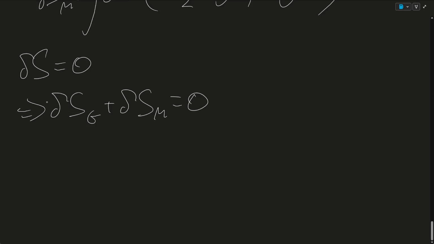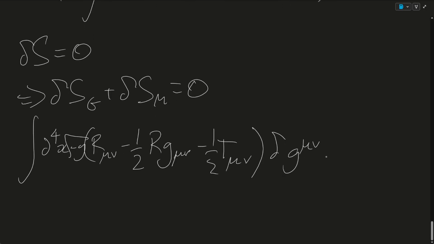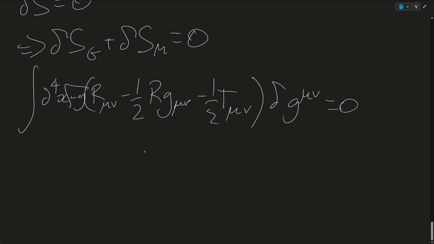So you subtract the two integral terms, and you get that the integral d4x root minus g (R_mu_nu minus half R g_mu_nu minus half T_mu_nu) delta g^mu nu is equal to 0.